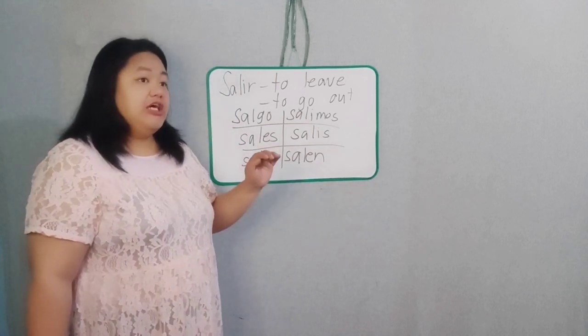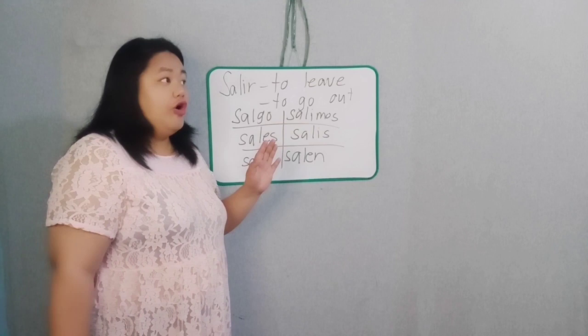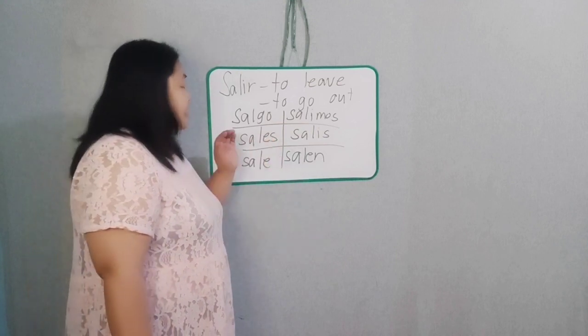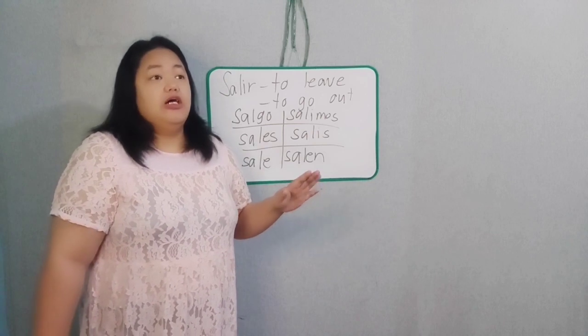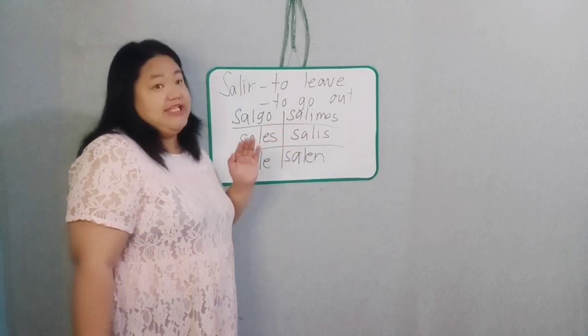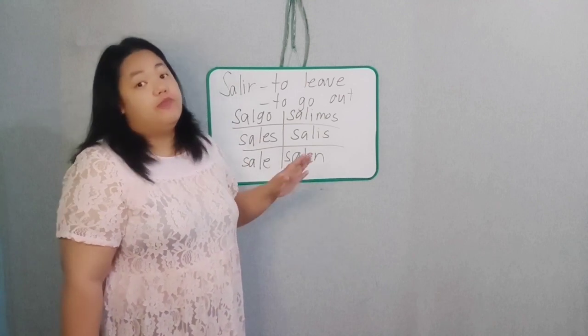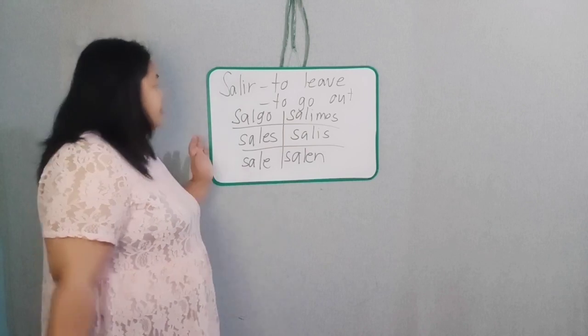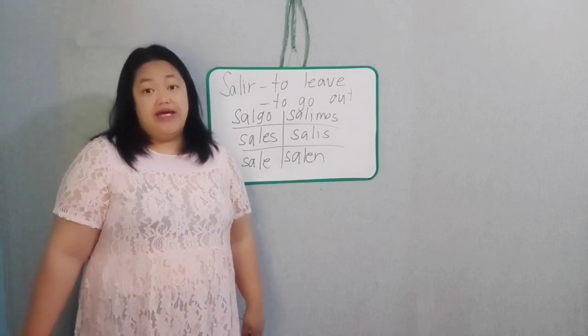Ellos salen, they live all male or combination of male and female. Then ellas salen, they live all females. Ustedes salen, you live plural form in a respectful way. These are the conjugations of the verb salir.